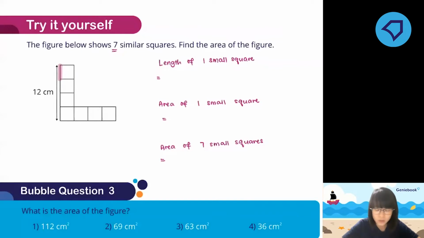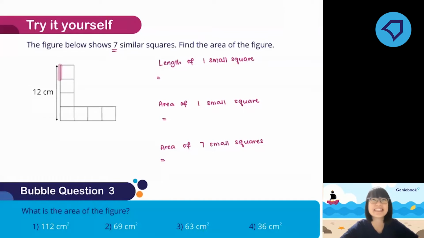Then from there, you should be able to multiply by 7 to get the area of the figure. Okay? All right, I see answers coming in already. Options launching in 3, 2, 1. You still have 1.5 minutes after I launch the option. Okay, so take your time and do your working correctly so that you can get the correct answer.